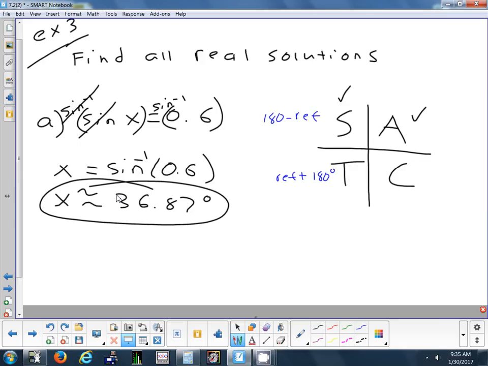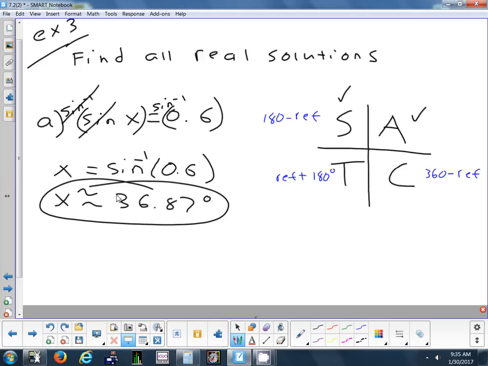And some people remember quadrant 3 as 180 plus your reference angle. Well, it's the same thing. Addition doesn't matter the order. And what about quadrant 4? Anyone remember the formula here? 360 minus the reference angle. Okay, so those are your formulas in each quadrant. I don't need the bottom 2 in this problem, just the top one.